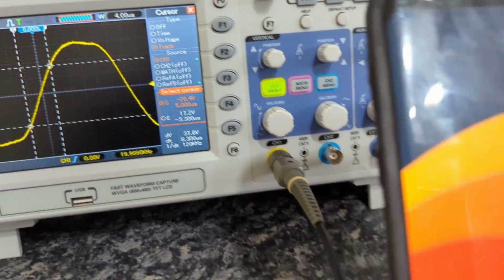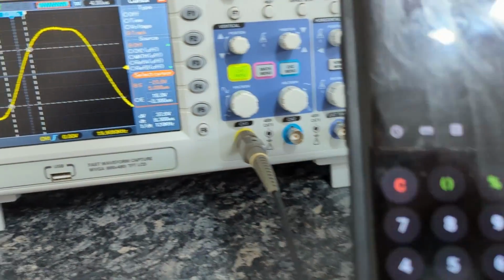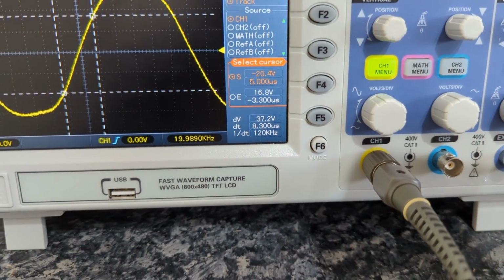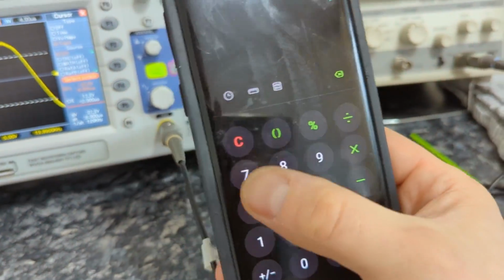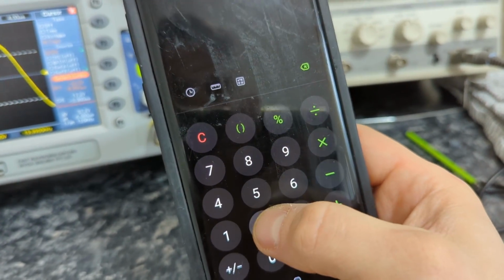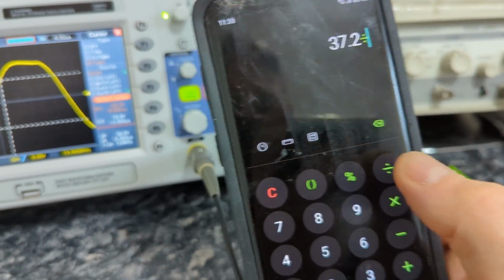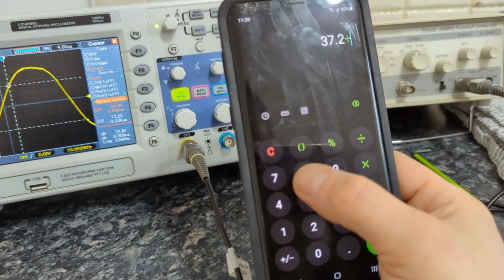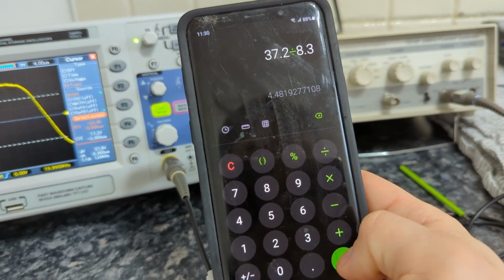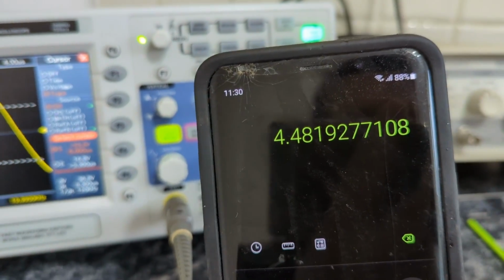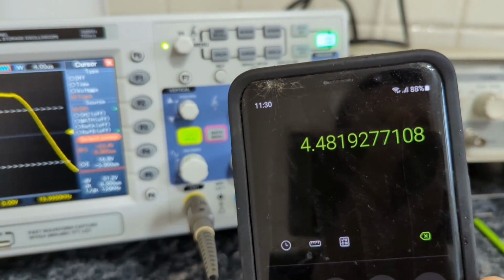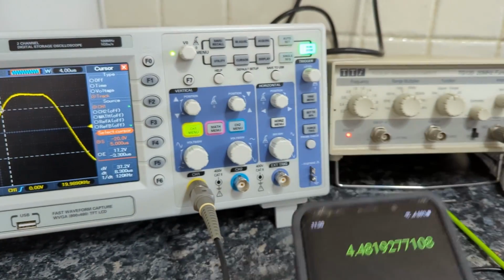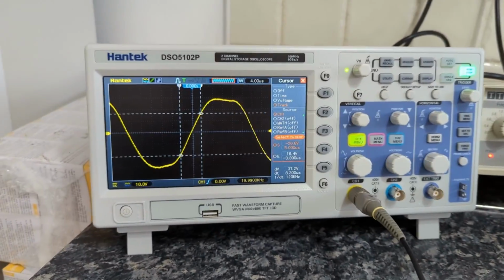So this is going to be a very, very low slew rate. 37.2 divided by 8.3 microseconds, and we have a slew rate of 4.5.